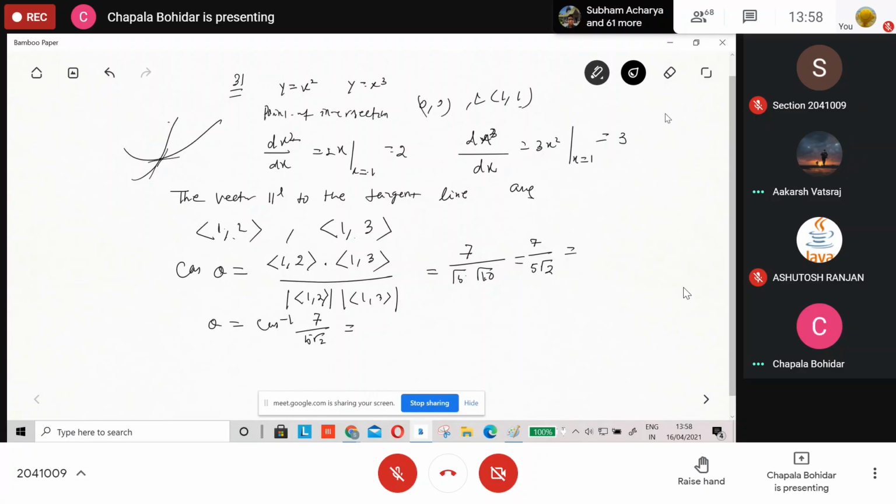It is 8.06, so approximately 8.1. The answer is given in your book for question number 31: 8.1. If you get 8.13, that means 8.1, some small error may be there.